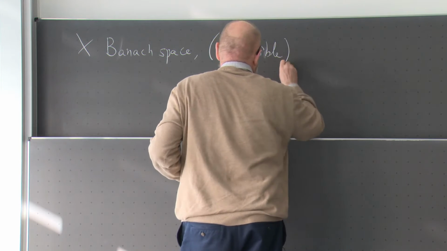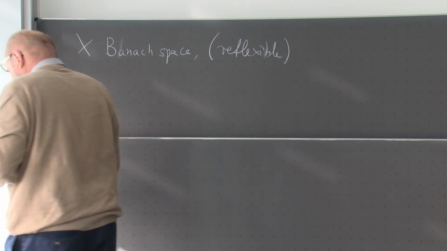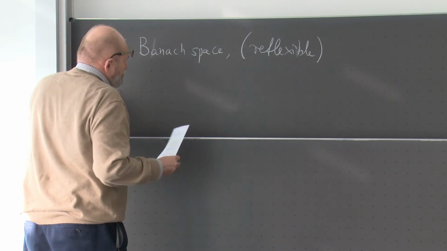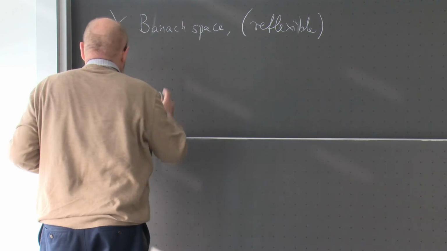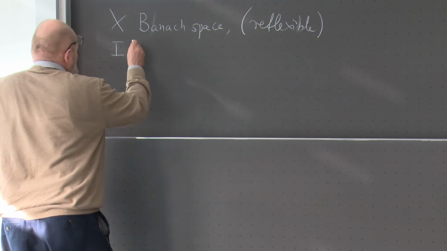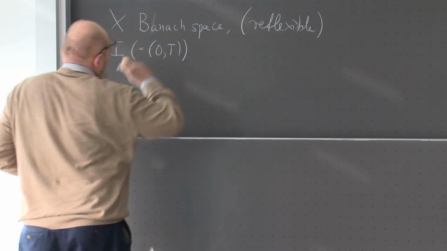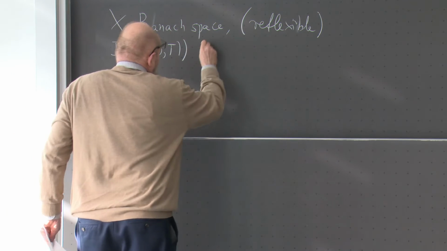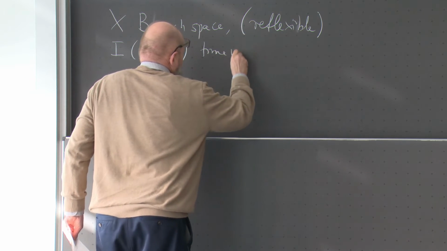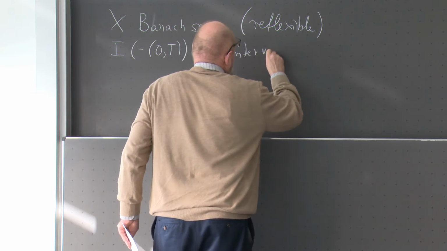For some results we need this reflexivity, as we have discussed, so not for everything. We have our time interval, let's say 0 to T. Of course it need not be this initial point of the time interval. So this is the general setting.